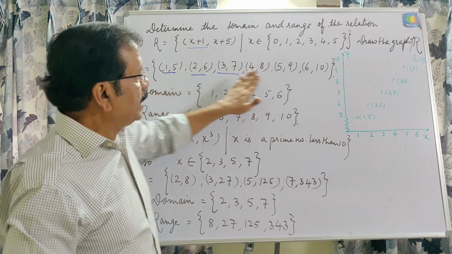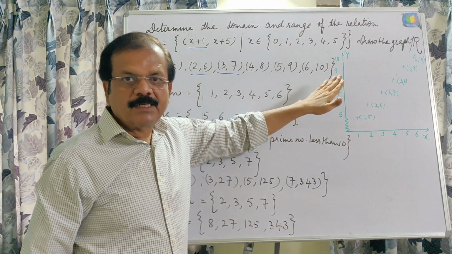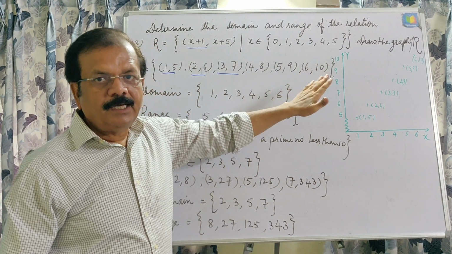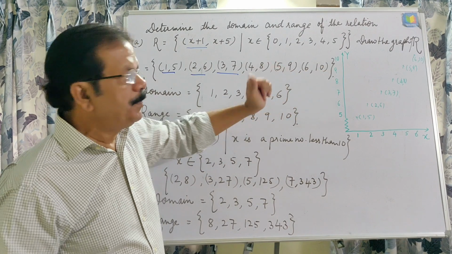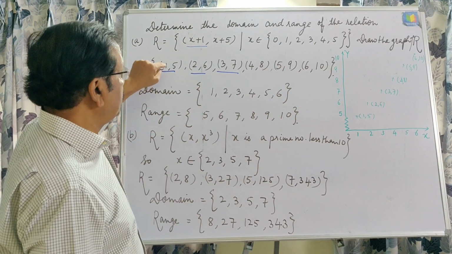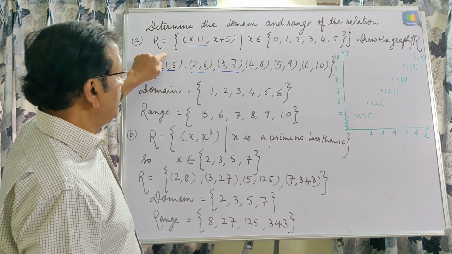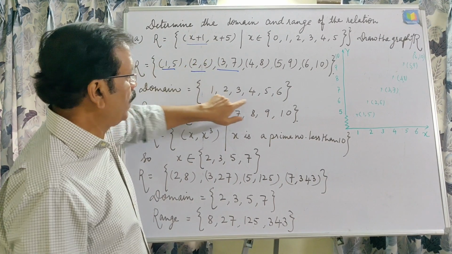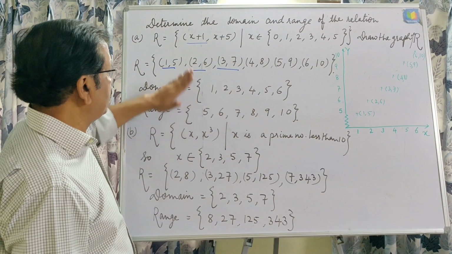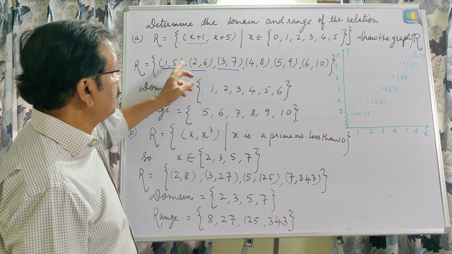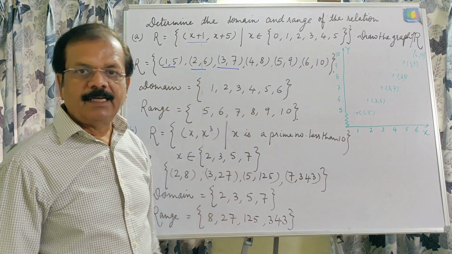In this way we are getting the elements of the relation in the form of ordered pairs. Now the domain will be the set of first elements, that is 1, 2, 3, 4, 5, 6. The range will be the set of second elements, that is 5, 6, 7, 8, 9 and 10.